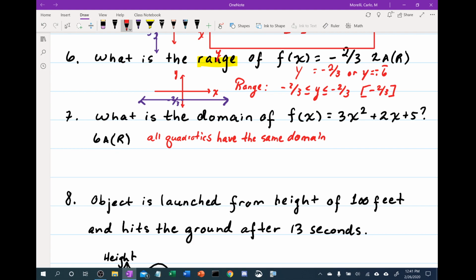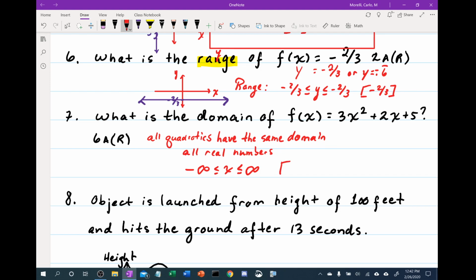What is that domain? All real numbers, or negative infinity less than or equal to x less than or equal to positive infinity.